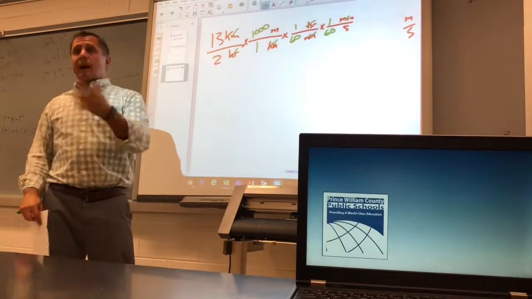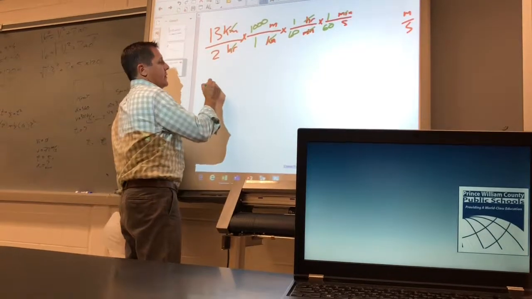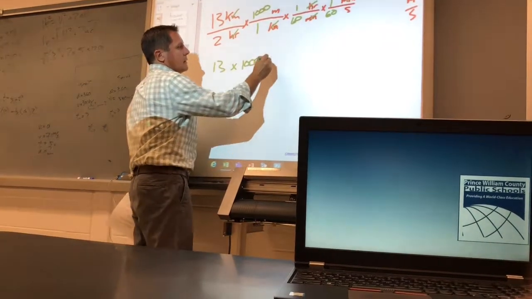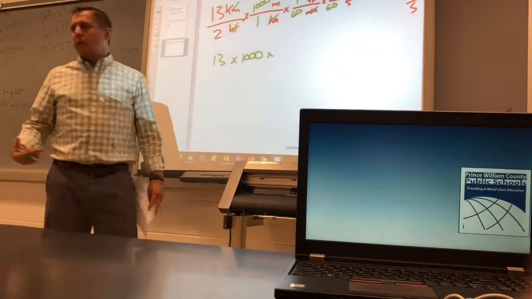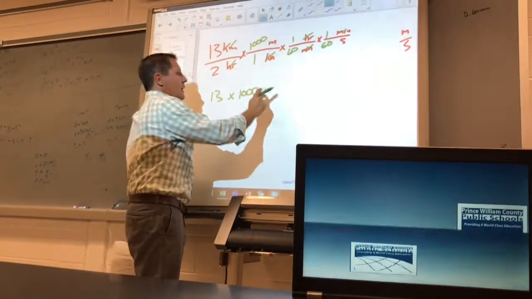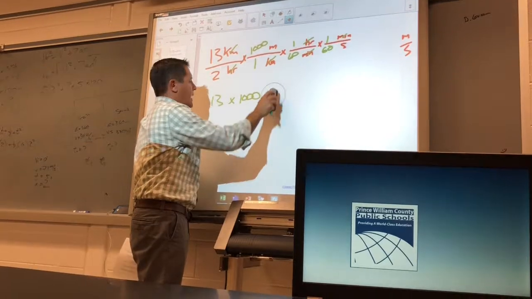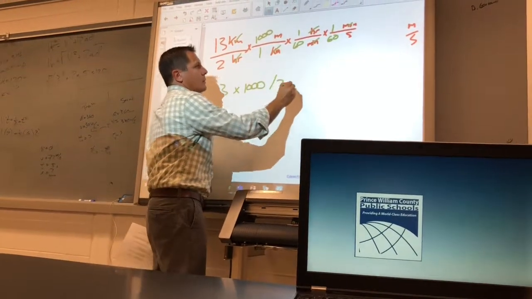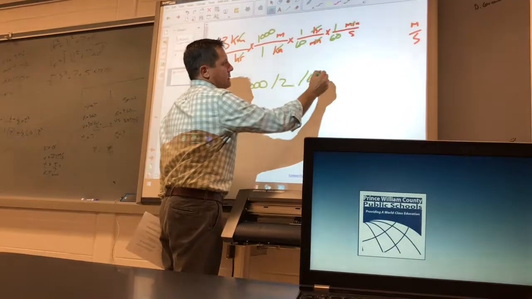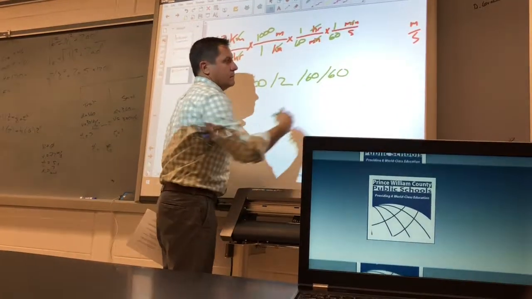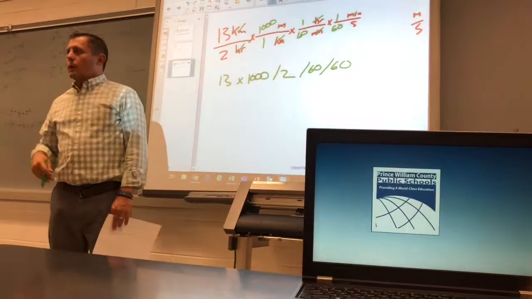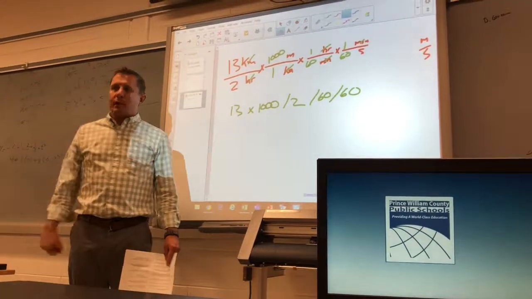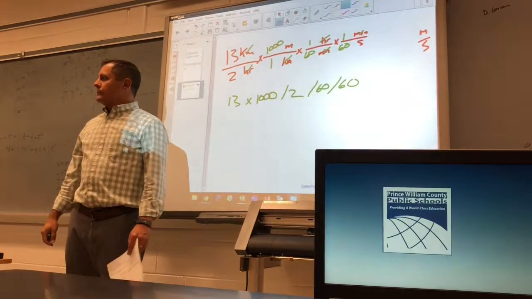So I would put in my calculator 13 times 1,000. I could do times 1 times 1, but we know we don't need to do that. Then anything on bottom: divided by 2, divided by 60, divided by 60. Just all one line of calculator. And then you plug and chug and get your answer. Fair enough?